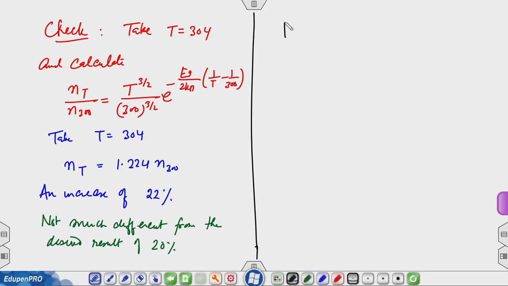Problem 2. This is taken from Kittel's book.